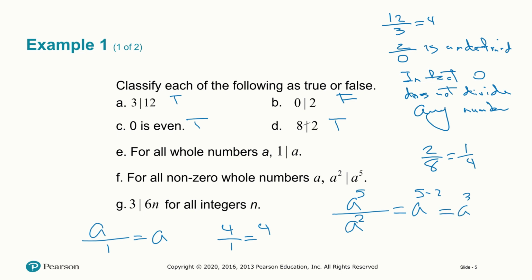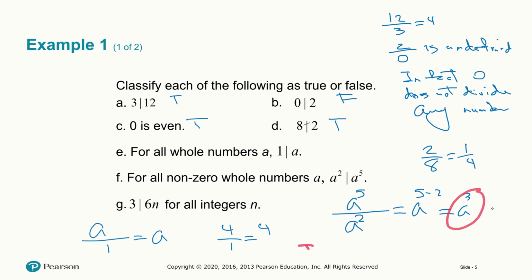So, yes, that is going to be a whole number if a is a whole number. For example, let's say a is 3, right? Is 3 cubed going to be a whole number? Sure. That's a whole number too. So therefore, this statement is true because when you divide a to the 5 by a squared, you end up with a clean a cubed.